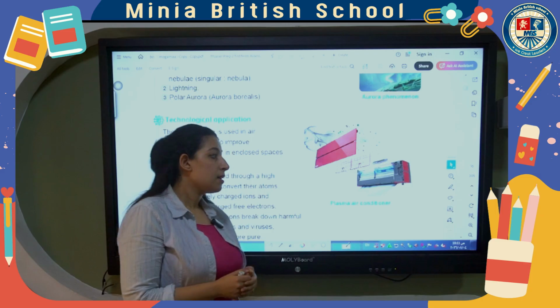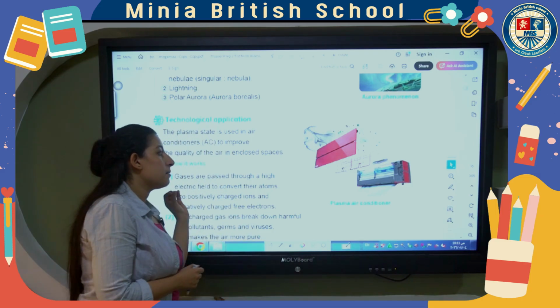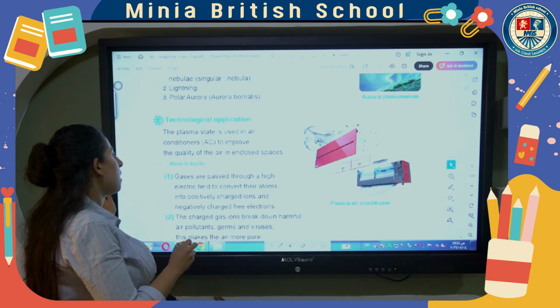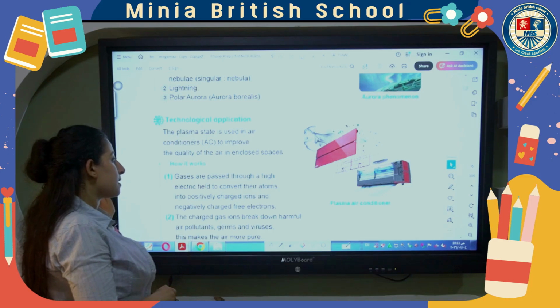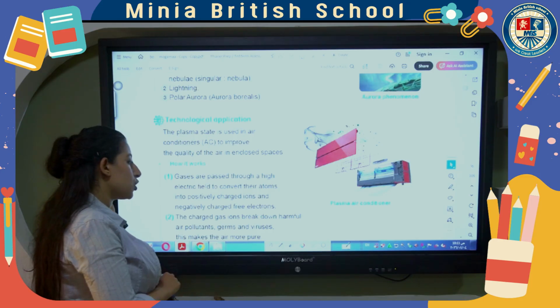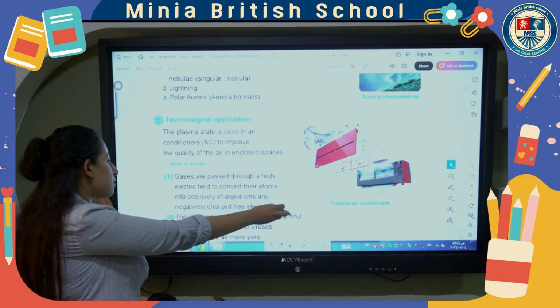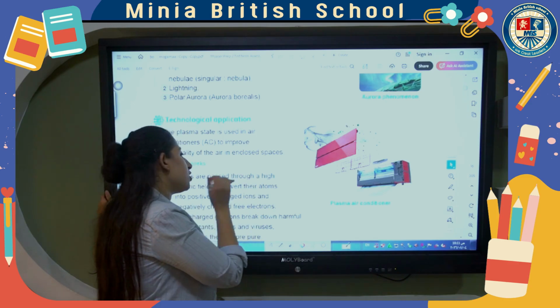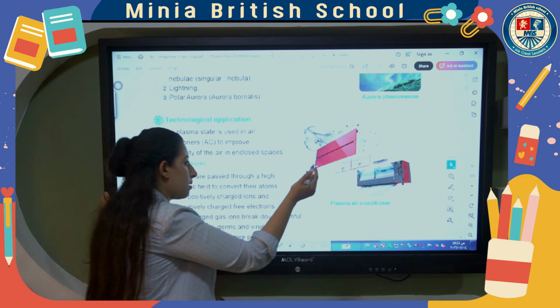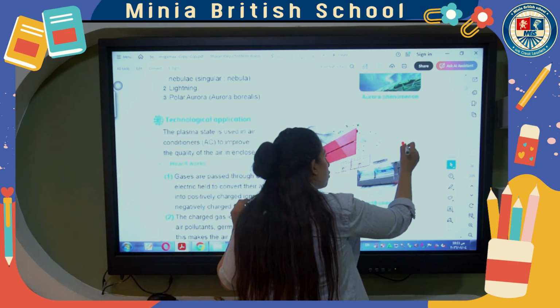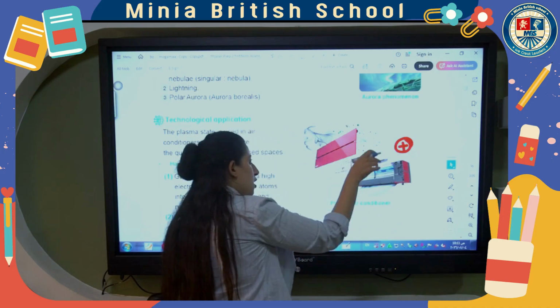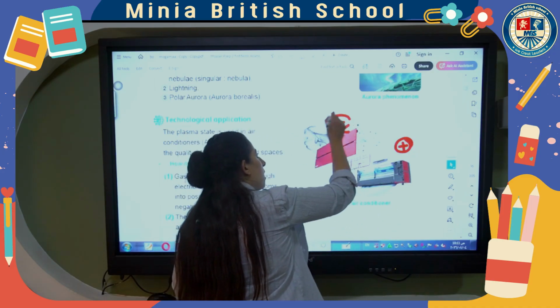What happens in these machines? The gases are passed through a high electric field to convert their atoms into positively charged ions. So now we have positively charged ions in the air with negatively charged ions.